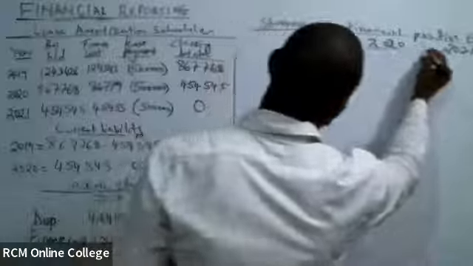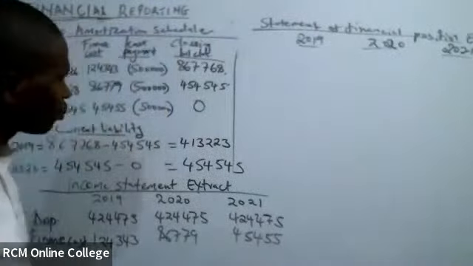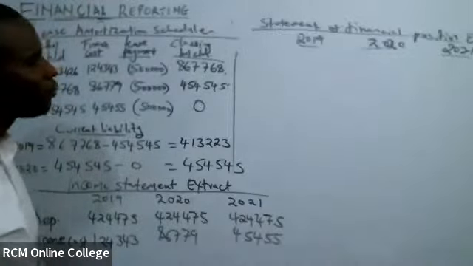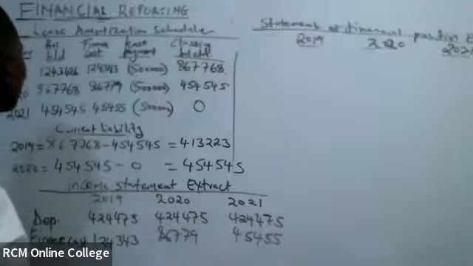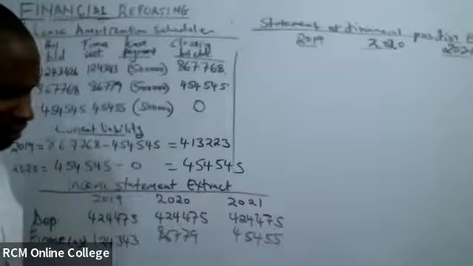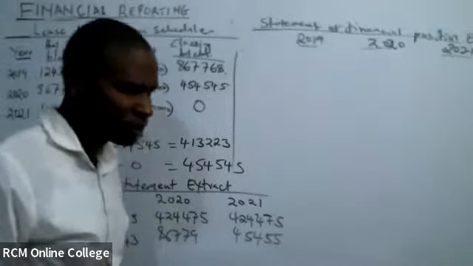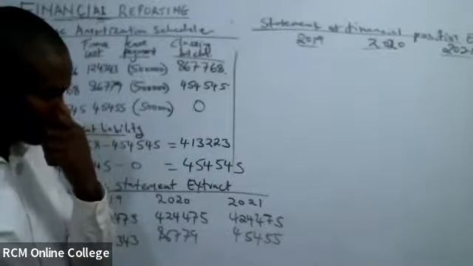Sawa. Na right of use asset yetu class tulikuwa tumepata ngapi? The amount. It was not this one. It was in addition of the 30,000 that we have there. So what was the amount?